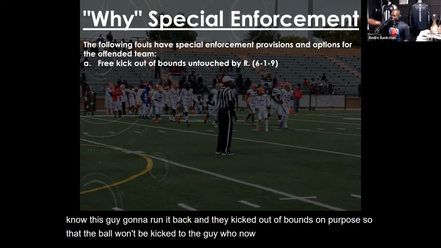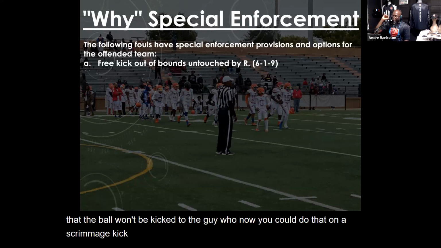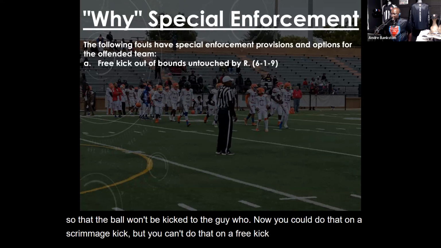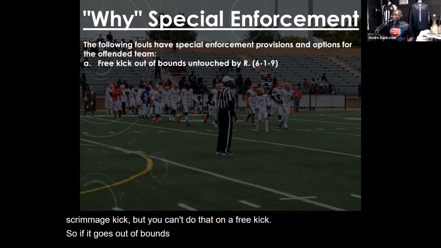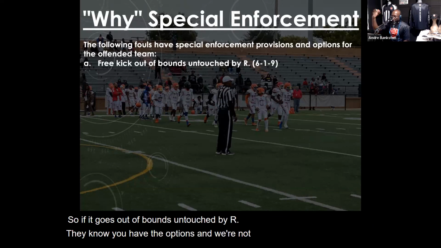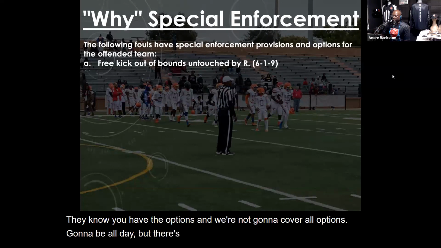You can do that on a scrimmage kick, but you can't do that on a free kick. If it goes out of bounds untouched by R, then you have options, and we're not going to cover all the options, it would take all day. It has special rule enforcements for that.